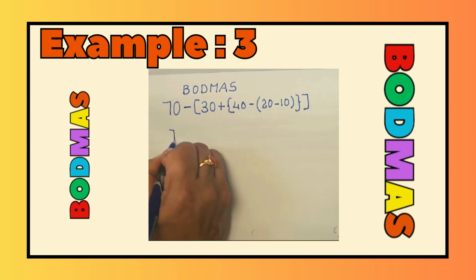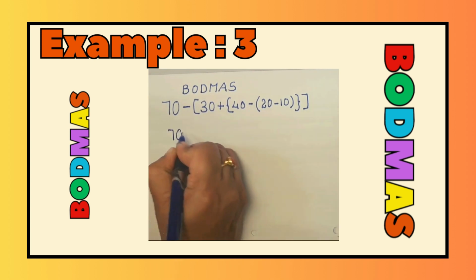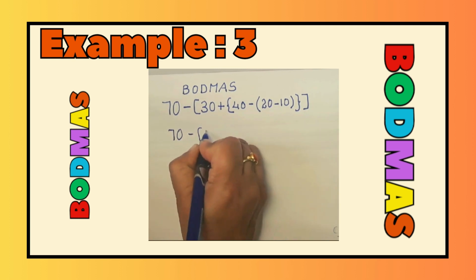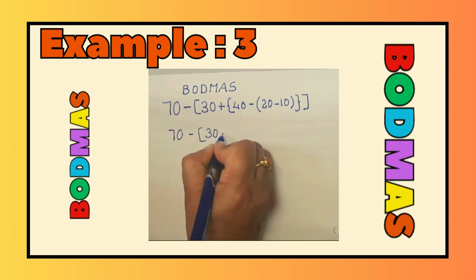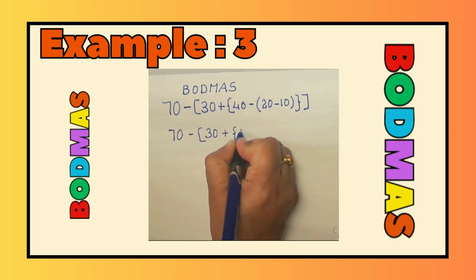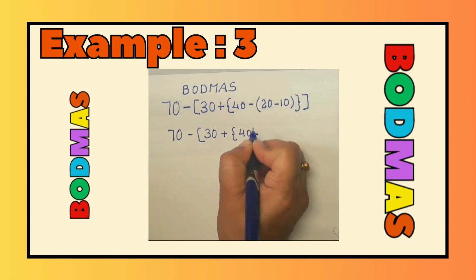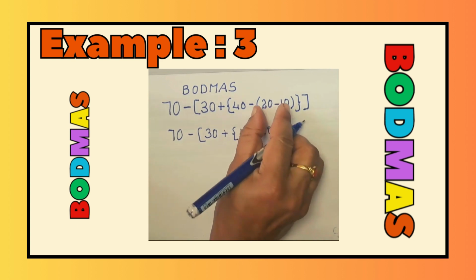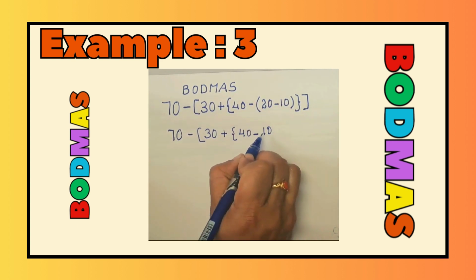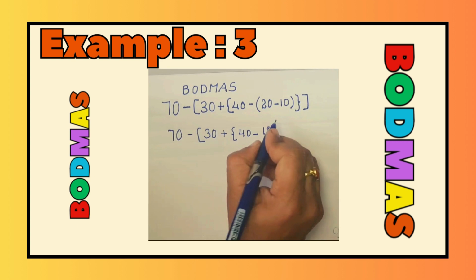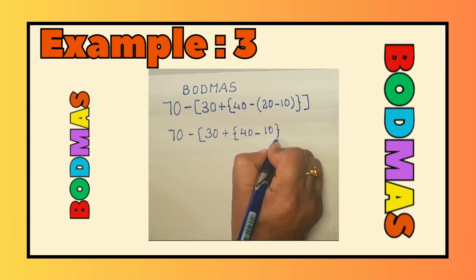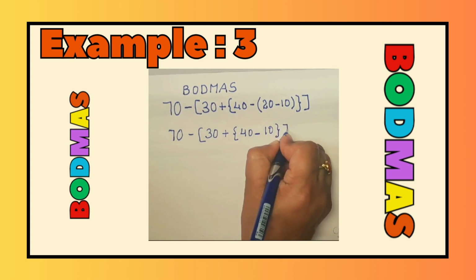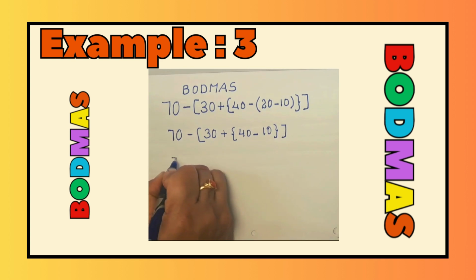So the innermost bracket is this one. 20 minus 10 is 10. If you see this bracket, 20 minus 10 is simplified into 10. Now I'll just close this curly bracket followed by square bracket.